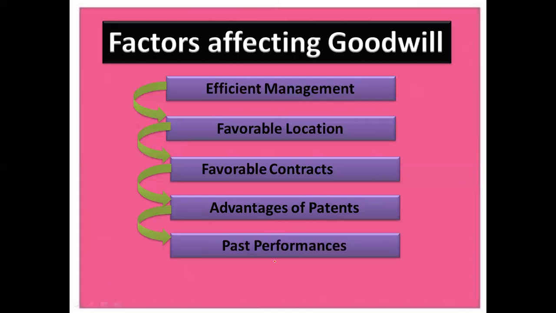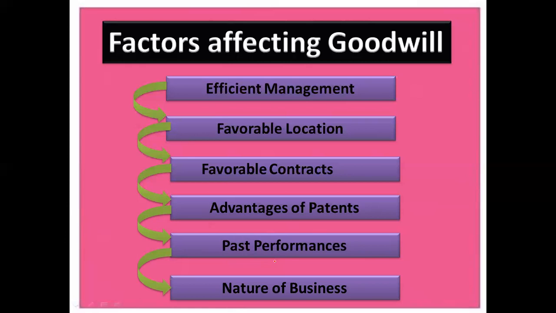Next is past performance. If the profit earned by an organization over past years is good, it also adds a good name to the organization. If the firm is consistently doing well and earning higher profit, it also adds to the goodwill of the business. Next one is nature of the business.